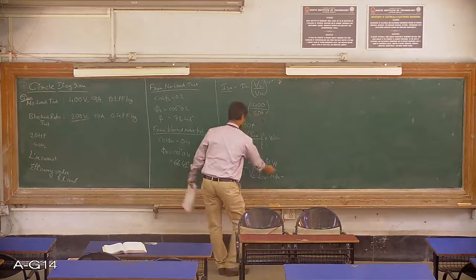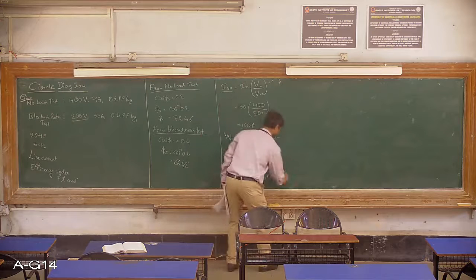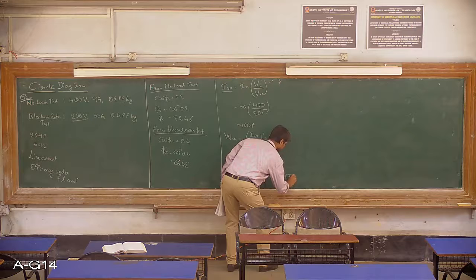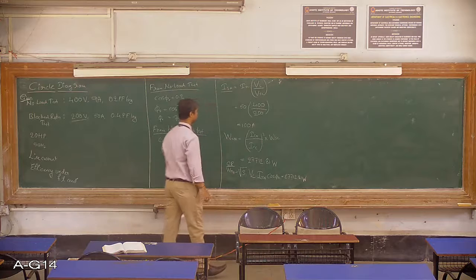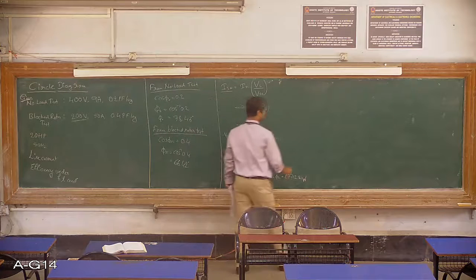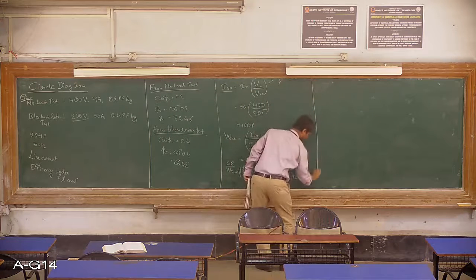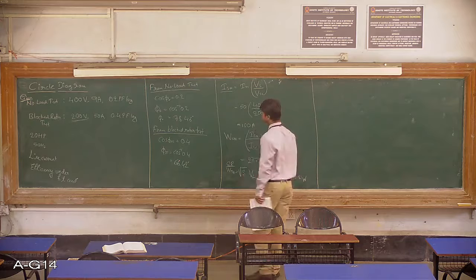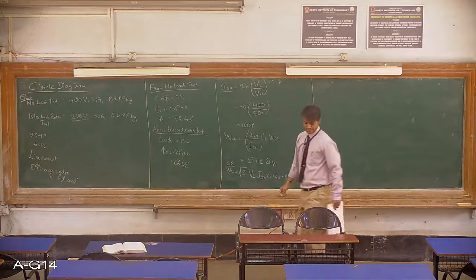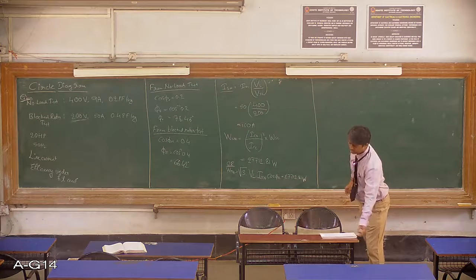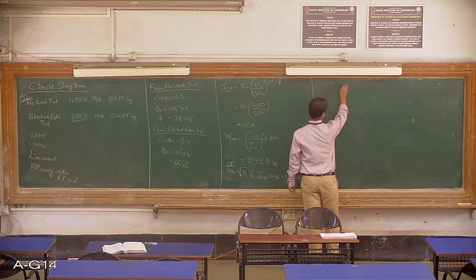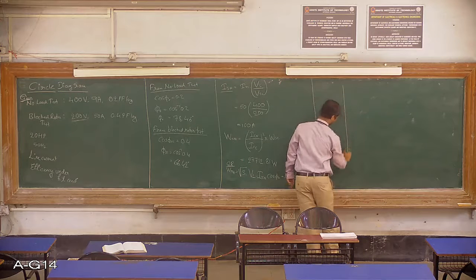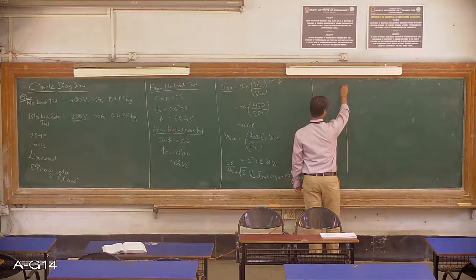Even if you use this equation, we'll get the same answer, 27,712.81 watts. Now after calculating all these parameters like ISN and WSN, we can start plotting the circle diagram. Just remember the procedure to draw the circle diagram.